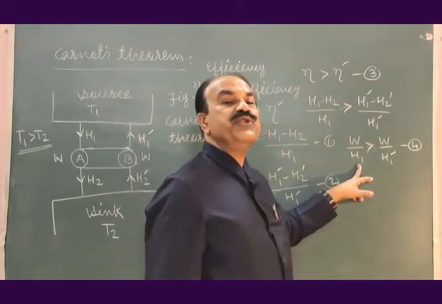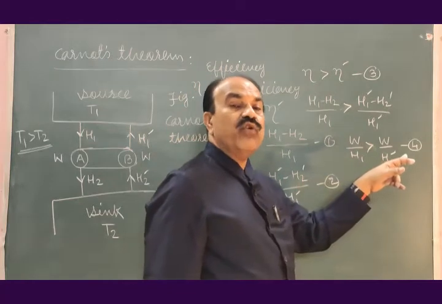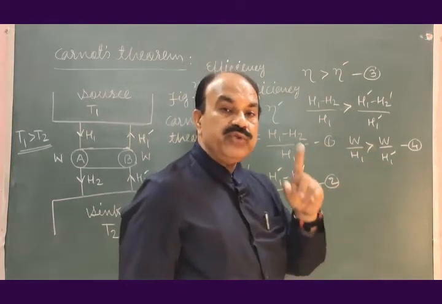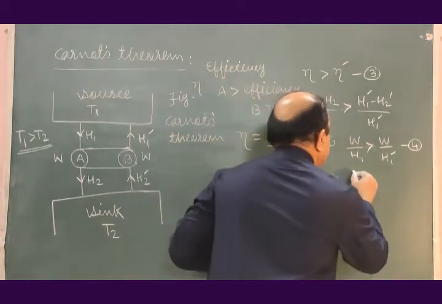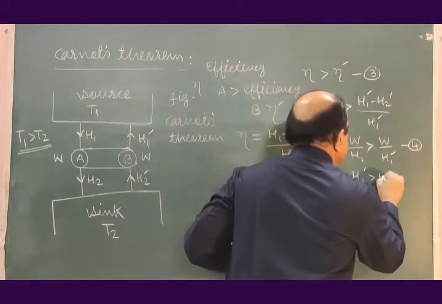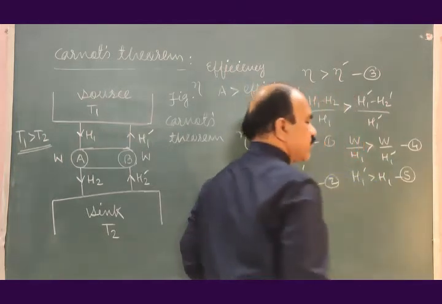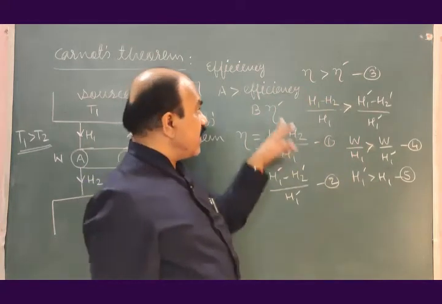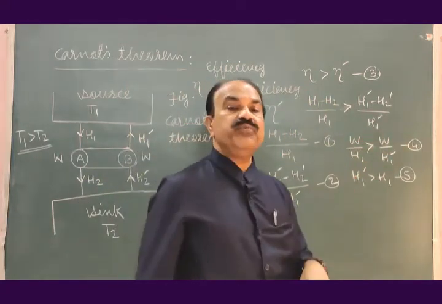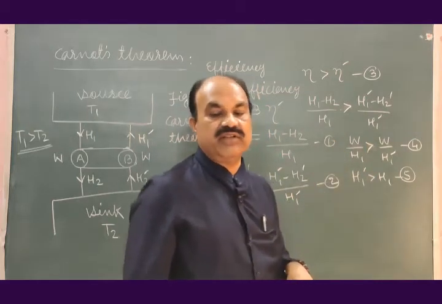The denominator of the first figure should be small. And therefore for equation 4 to be true, we must have H1 dash greater than H1, equation number 5. For our statement to be true, H1 dash should be greater than H1.